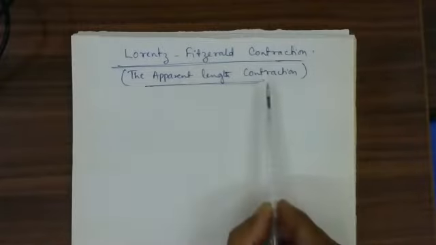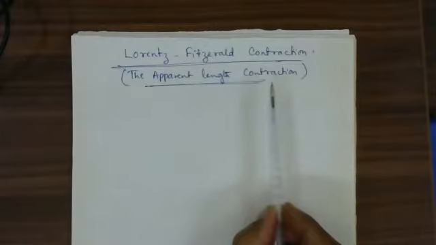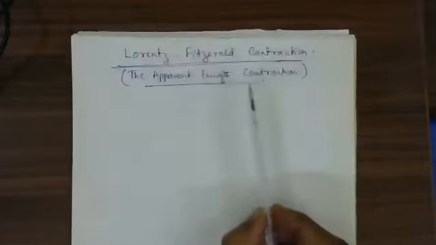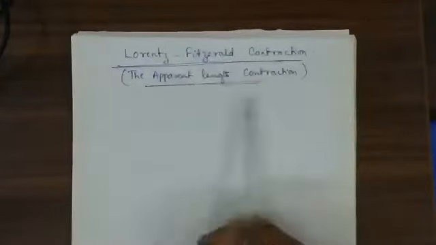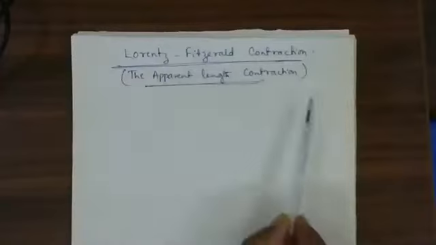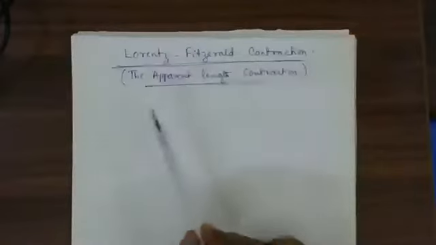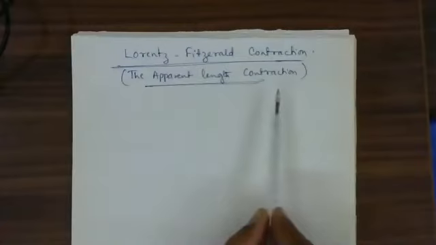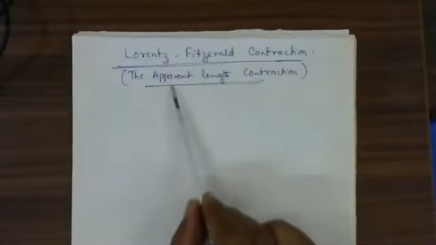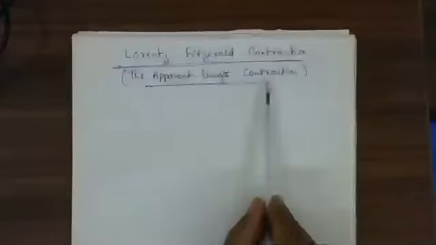Likewise, if you are standing at a level crossing and a train passes with high velocity, it appears shortened. The train actually is not shortened; it only appears contracted.